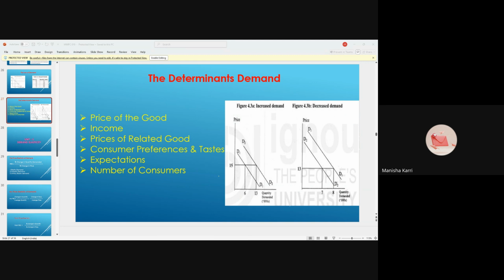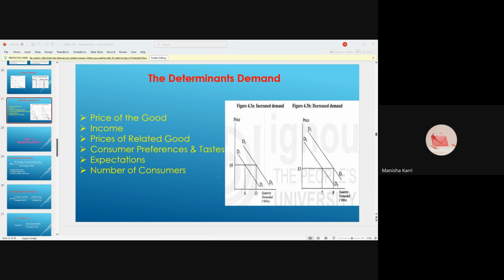Coming to expectations. Each and every consumer will have different expectations for different types of products. Here, consumer expectations about future prices, income, or availability of goods can also influence the current demand. For example, if the consumer expects the price of a good to increase in the future, they may buy more of it now.